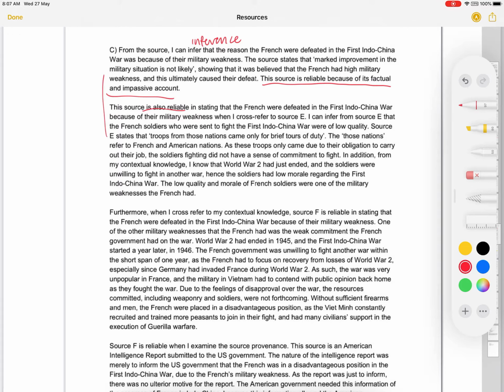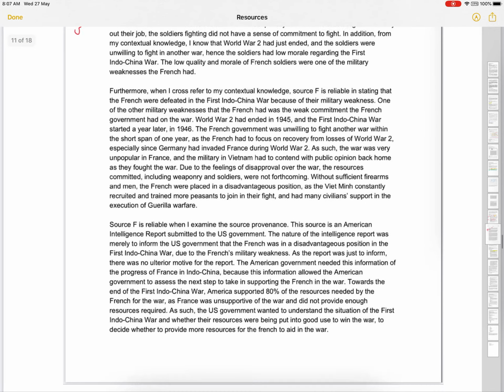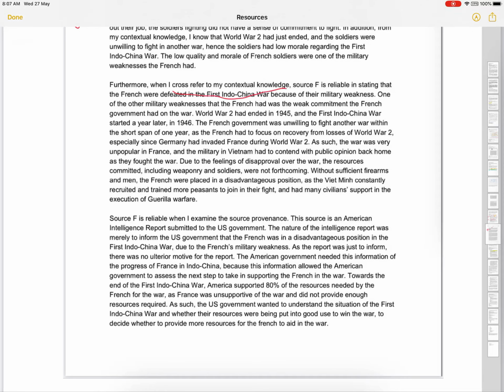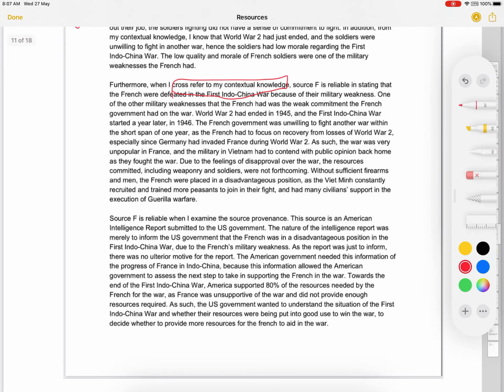So these two parts are reliability based on source content. And then afterwards, when I cross-refer to my contextual knowledge, you must always use these markers, because the teachers have to use these indicators, especially when they're very tired after marking many scripts, right?